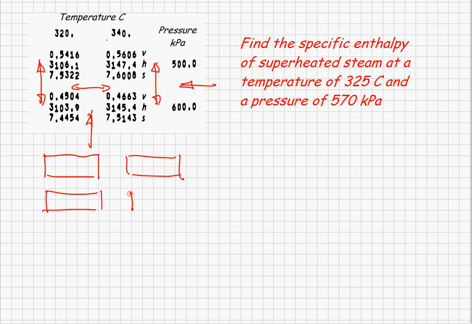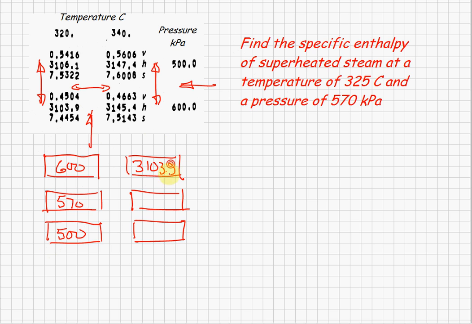And so, as I did before, I'll draw my 6 boxes. And I will start to fill in my values. Let's do the pressures first. This one's 600. This one's 500, and I'm looking for a value at 570. This is 3103.9.